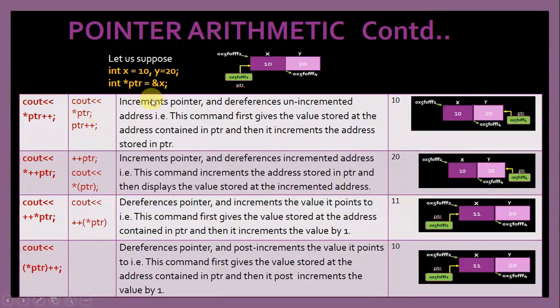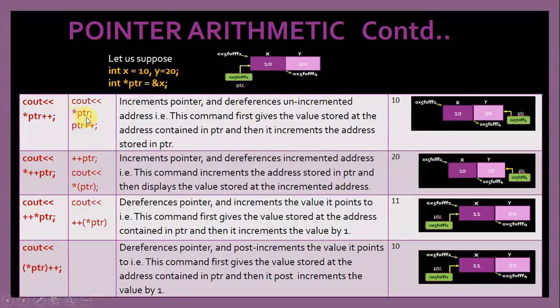We can again understand this. This command will increment pointer and it dereferences unincremented address. You can see dereferencing is done before the incrementation. So this command will give the value stored at the address contained in ptr and then it increments the address stored in ptr. So when I say cout star ptr, you can see the address stored in ptr is the address of x.